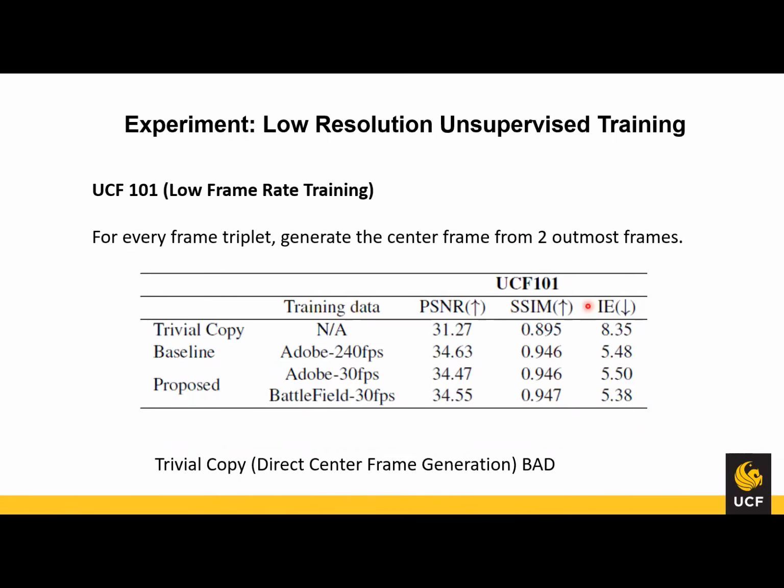They're going to take 3 frames and generate the center frame out of those 3 frames, and you're pretty much just finding the difference between the center frame and what's being generated. And as you can see, the proposed method performs almost as well as the baseline method, which is expected because it is using the baseline backend for its generation.